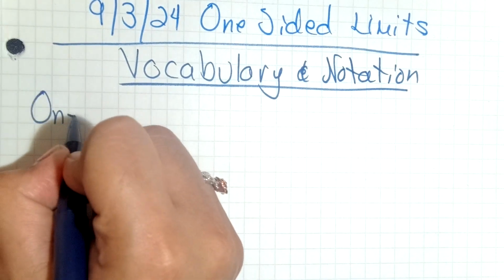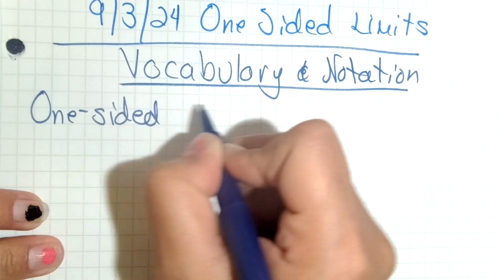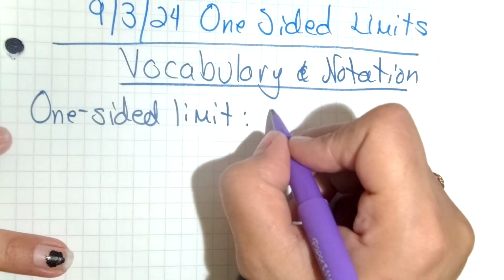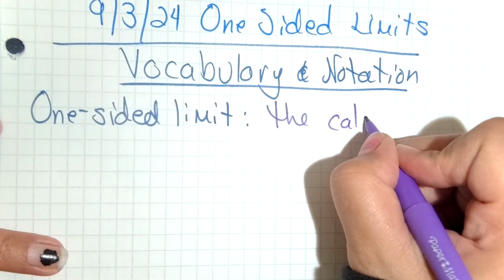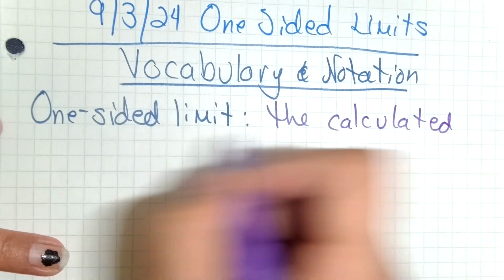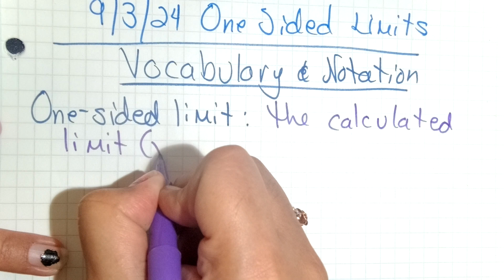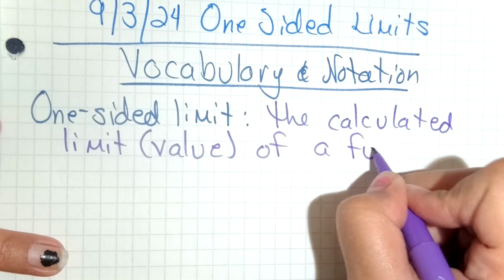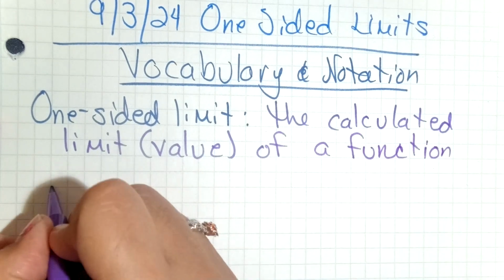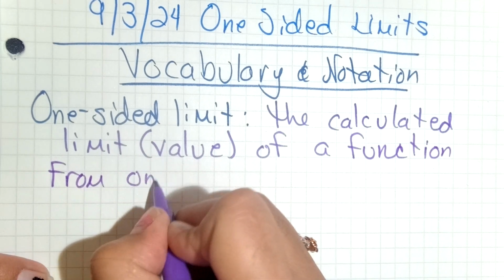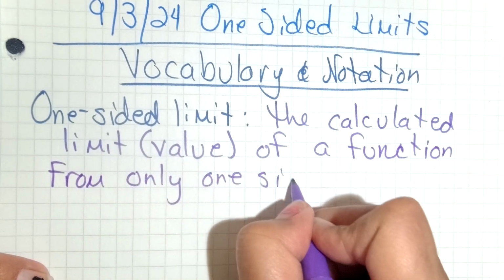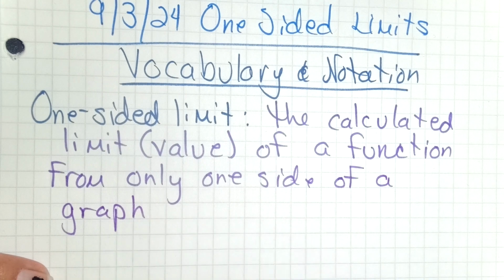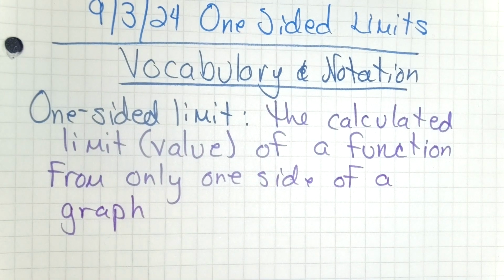Okay. A one-sided limit is the calculated value or does not exist of a function from only one side of a graph.